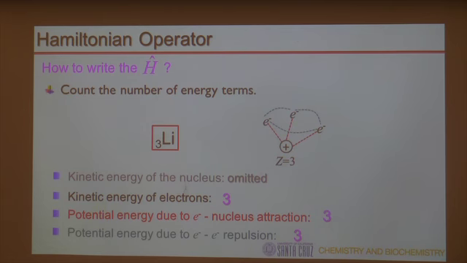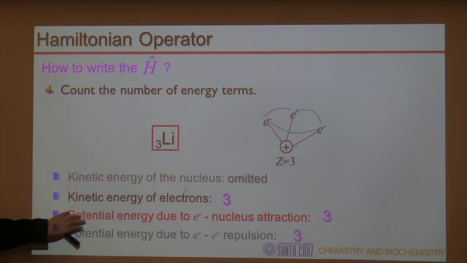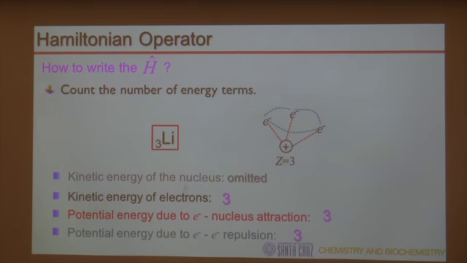So this tells you that for your Hamiltonian operator, if you assume the nucleus is fixed, you will have 3 plus 3 plus 3, 9 terms in your Hamiltonian operator. So when you write out the Hamiltonian operator, you can check whether yours makes sense or not. You must have at least 9 terms in your Hamiltonian operator.